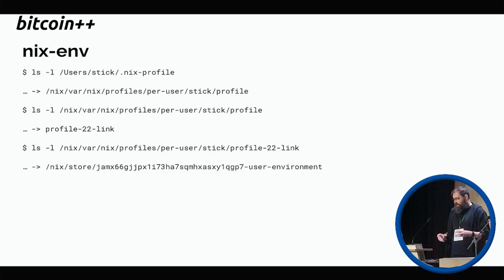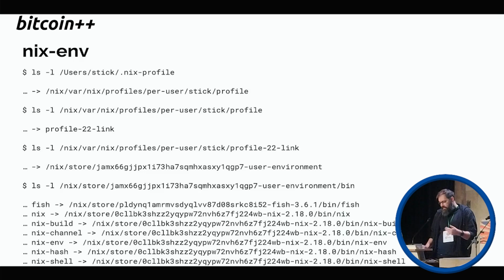So every time I install a new package or uninstall a package, a new user environment is created, and my profile is symlinked to the new environment that was just created. And this environment contains all the binaries, all the libraries my environment uses. So I have this fish symlink to the Nix store, blah, blah, blah, fish. Nix is a symlink to the Nix store, nix, and so on.